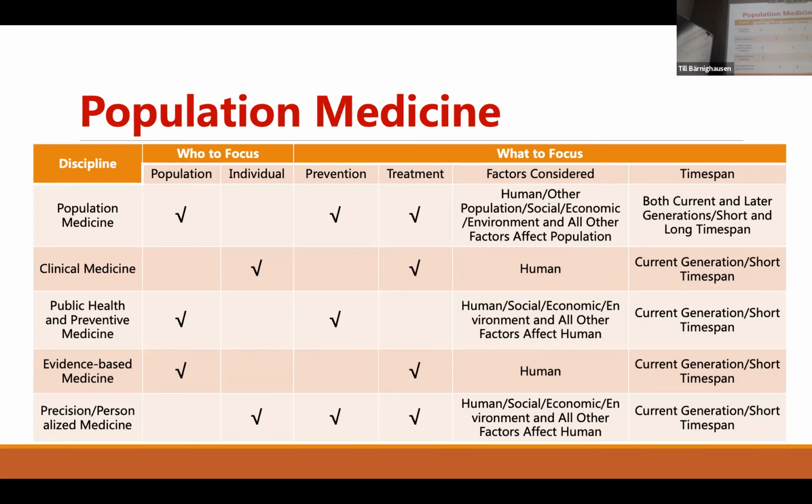And should I launch it for free or should I set a specific price for this vaccine? And if I should set a price, how much should I charge to reach the optimal population level result? And all of these decisions involve population level characteristics.